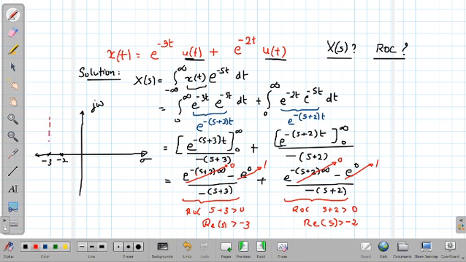So if you consider minus 3 as this, so region of convergence due to first term is the right side of minus 3, and the region of convergence due to second term is right side of minus 2.